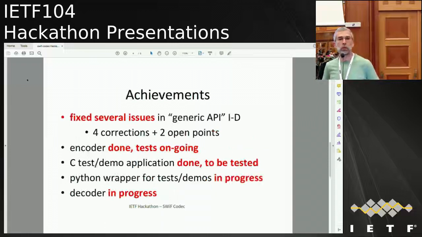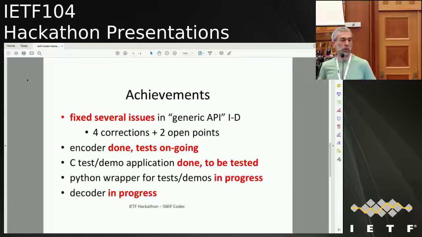I think we had great achievements because we managed to fix a few problems, mistakes, or imprecisions in this generic API Internet draft. We almost finished the encoder part. We are still going on with tests, but basically it starts working.